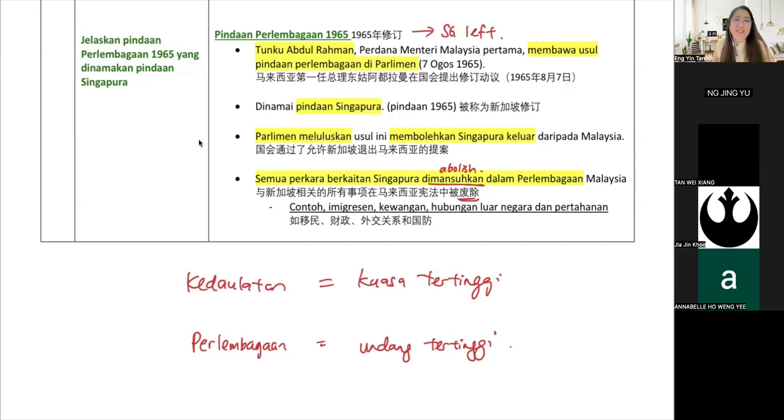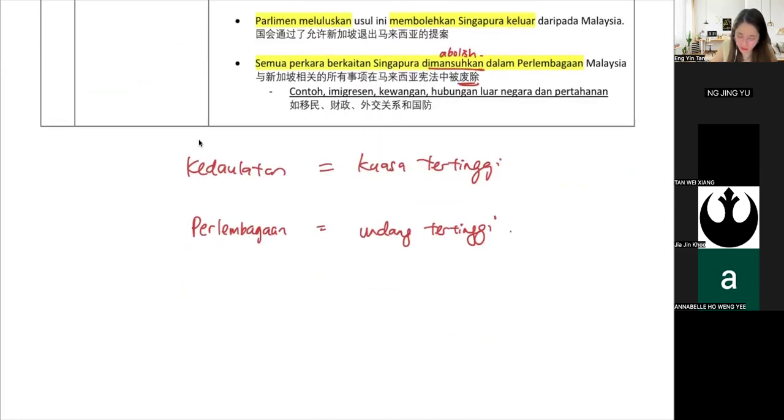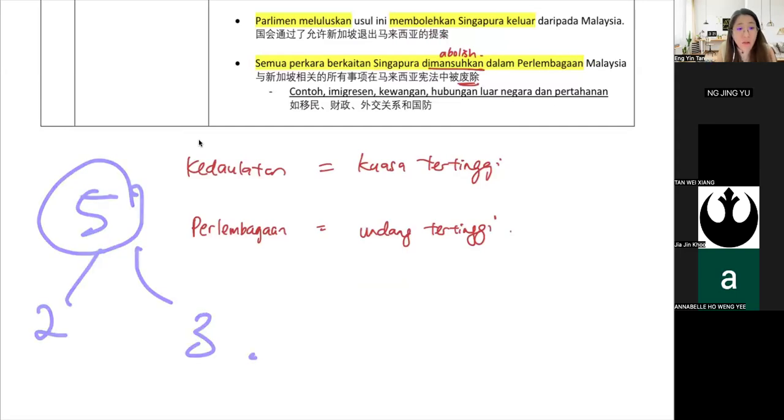Can I know your prediction? No prediction. First term exam, how can you predict? It's only a few chapters. I would say you focus more on that. Form 4, it depends on your school though. Some schools test chapter 1 to 5 only. So if you ask me, I will say for the 5 essay questions, maybe 2 from Form 4, 3 from Form 5.